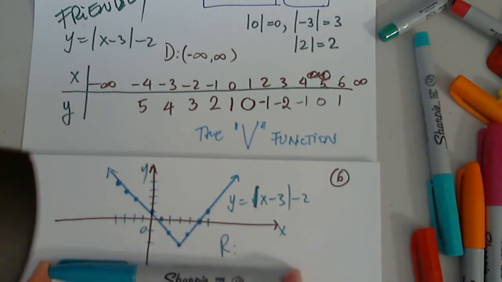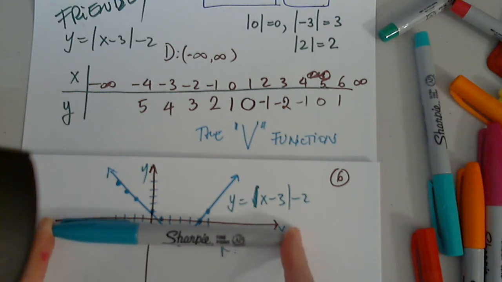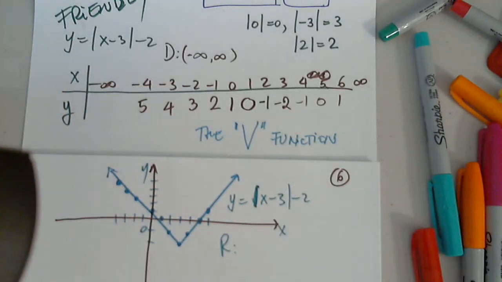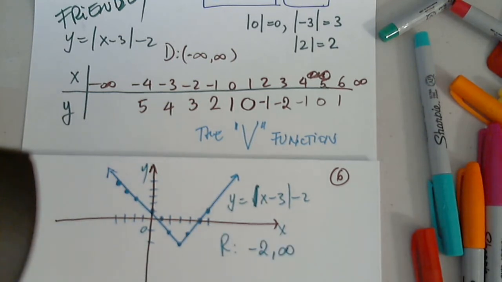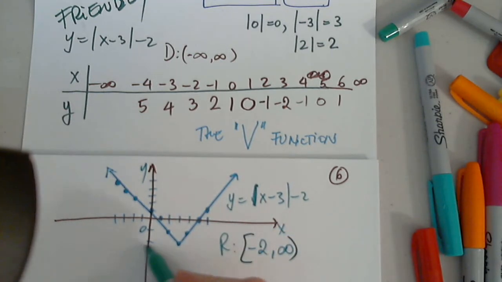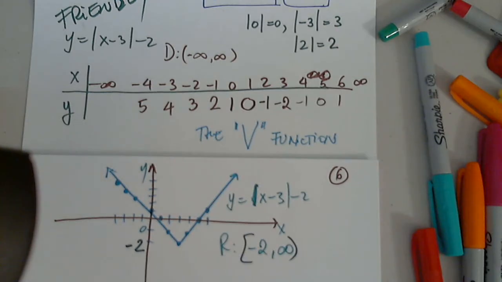Does it exist? Yes, it does. So the range is? -2 to infinity. Very good. What type of symbols do we use? Bracket and parenthesis. Great job. This is the lowest y value, -2, and the highest y value is infinity.